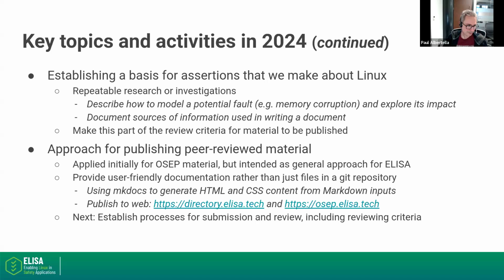Philip was already talking about one of the examples we've got, which is the directory site, which has a set of material from previous ELISA workshops, and a way for you to find it. But we also have the OSEP one, where we're currently working to get some of the material we already have in the repository peer reviewed and published. To help that happen, we also want to establish what the process is for submitting new material and for reviewing it.